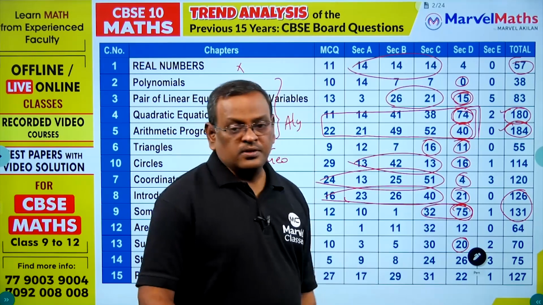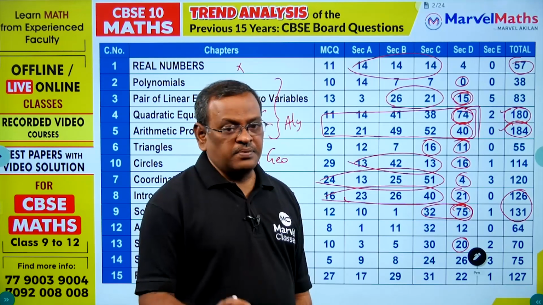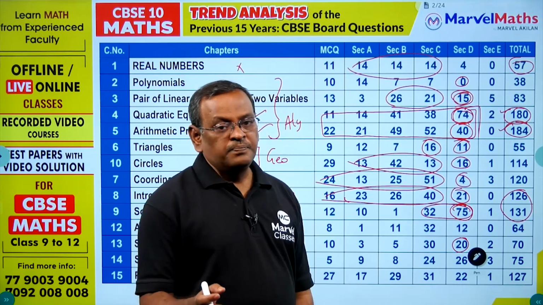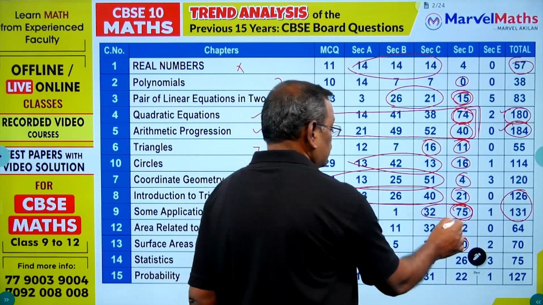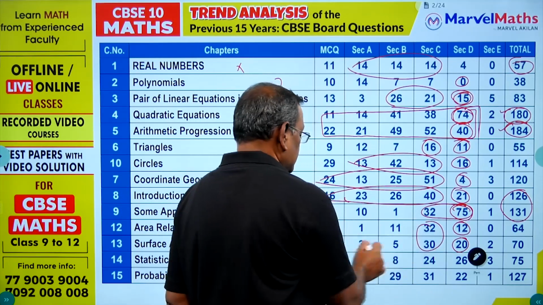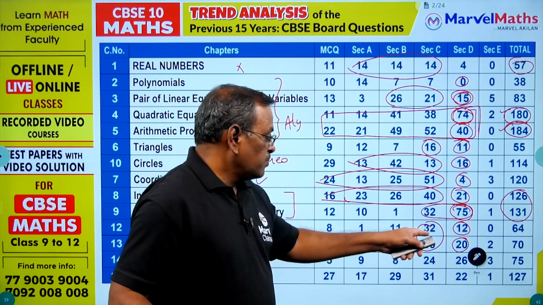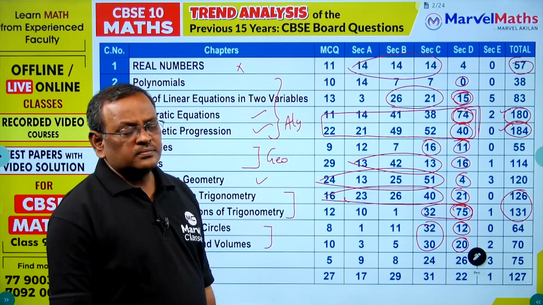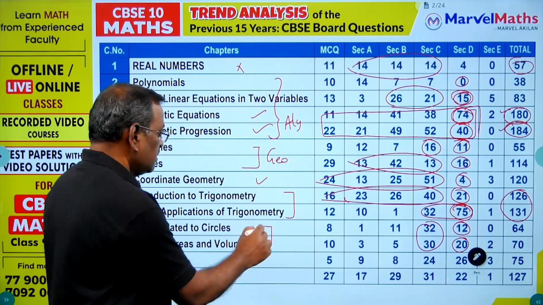In areas related to circles, the 5-mark questions are: find the area of a minor segment and major segment in the same problem, and also find the area of a major sector and minor sector. The remaining sums you can expect in Section C and Section B. So practice more sums to get the correct answer and focus more on arithmetic operations, particularly in mensuration.